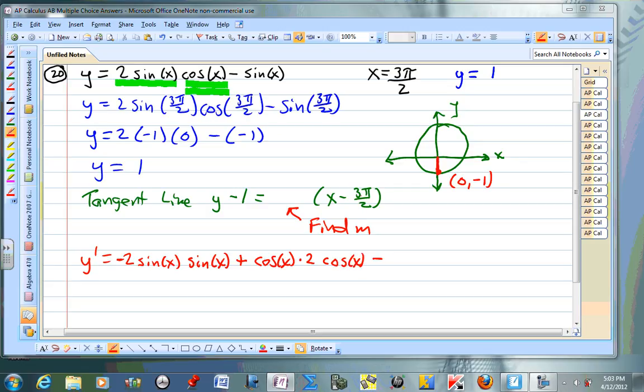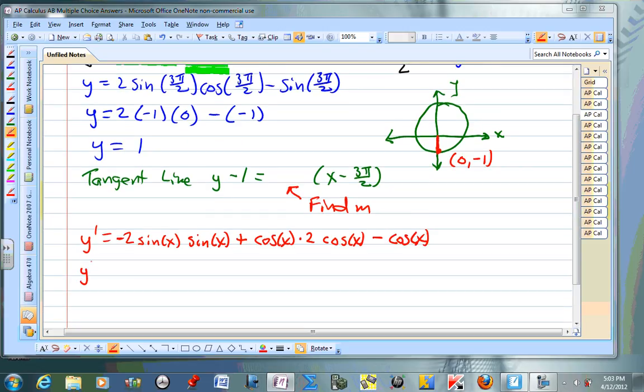And of course, minus sine of x, the derivative of sine is cosine. Ooh, let's see if we can clean this up a little bit. Sine times sine, this is -2 times sine squared. Plus 2 times cosine squared, and then minus cosine of x.